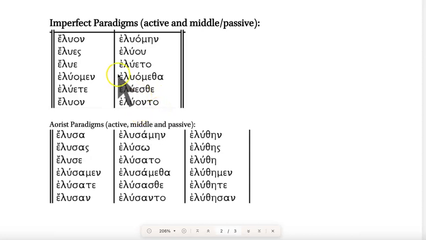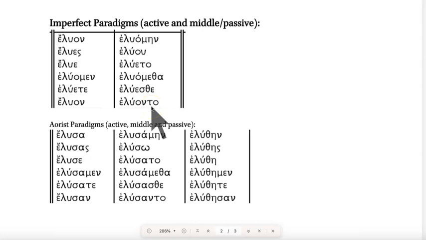And so the meaning of the imperfect here would be I was loosing, you were loosing, he, she, or it was loosing, we were loosing, all y'all were loosing, they were loosing. Or, in the middle passive, I was being loosed, you were being loosed, he, she, or it was being loosed, we were being loosed, all y'all were being loosed, they were being loosed.